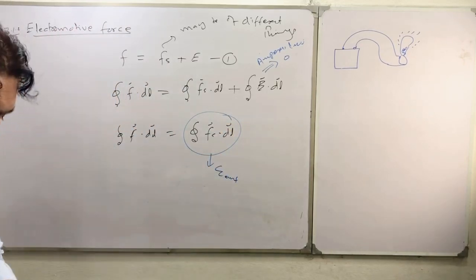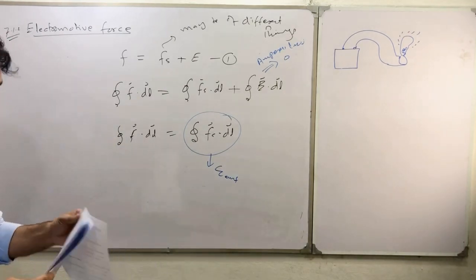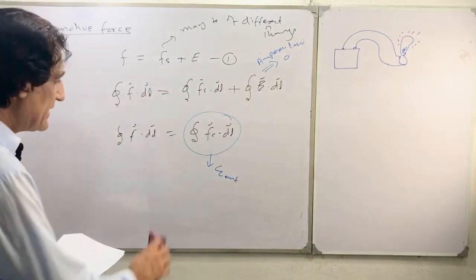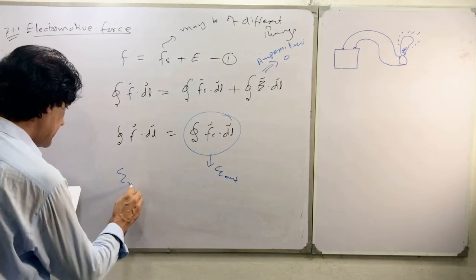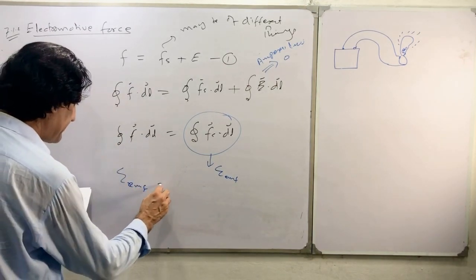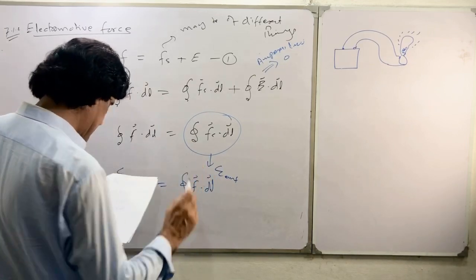This is called electromotive force. So the electromotive force, EMF, is equal to the closed loop integral of F dot dl.